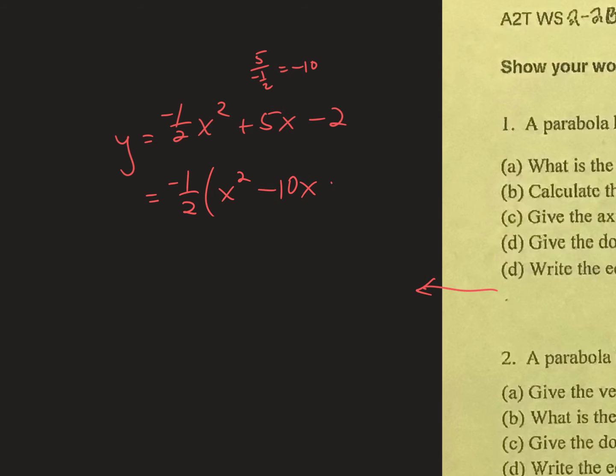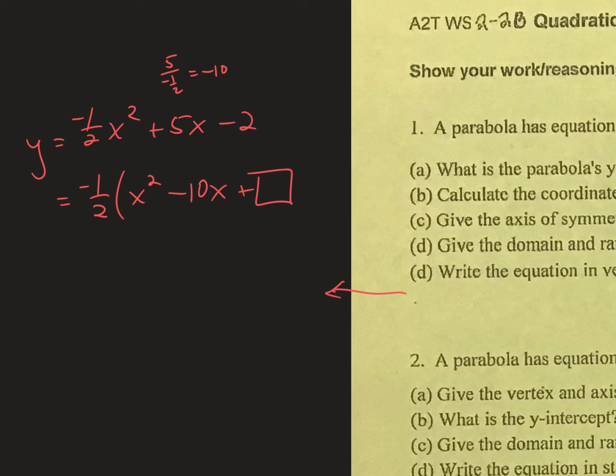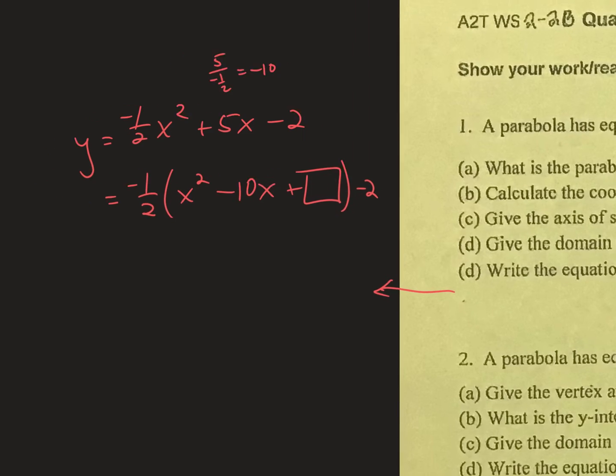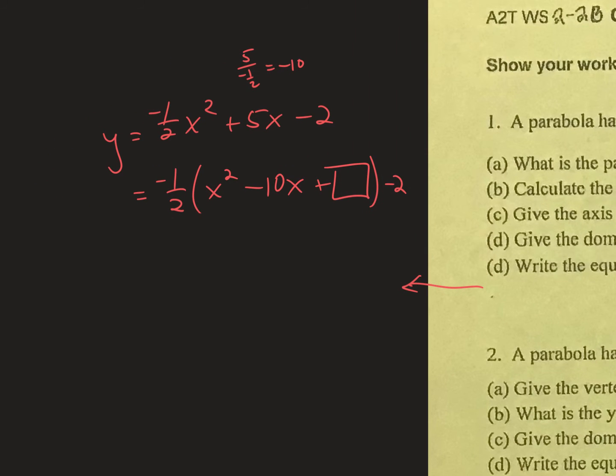Okay, and then we need to complete the square, and then -2, and then we're going to have to add back whatever we put in that square times the a. So -1/2, that will become x minus 5 squared, because when I cut -10 in half and square it, that becomes 25.